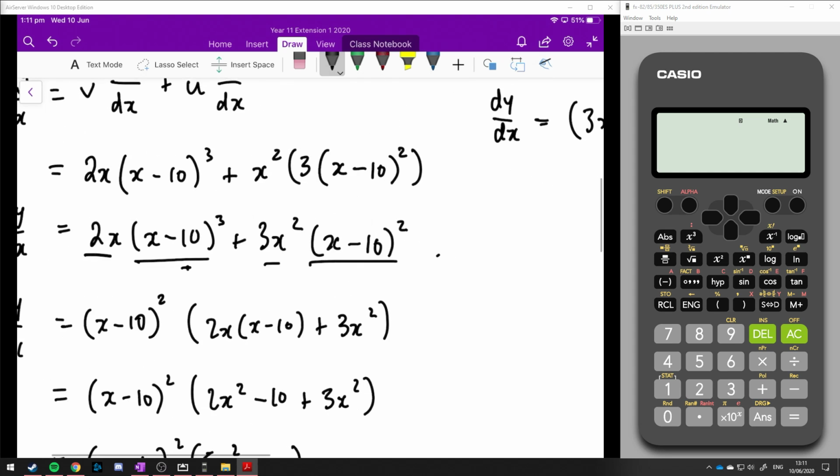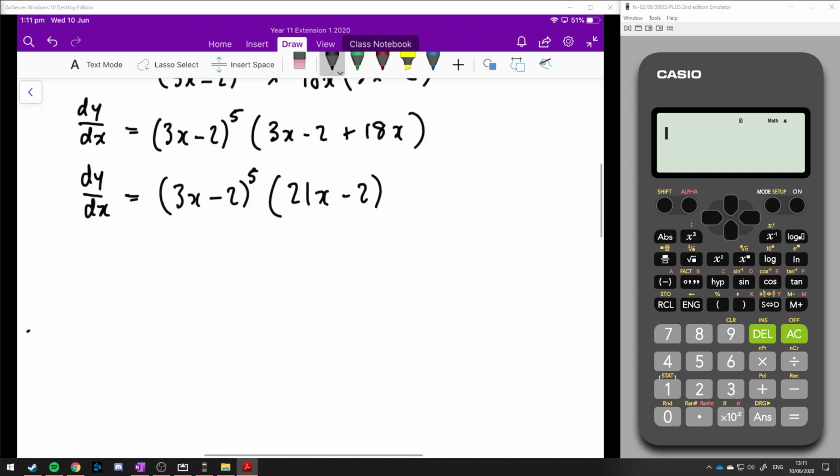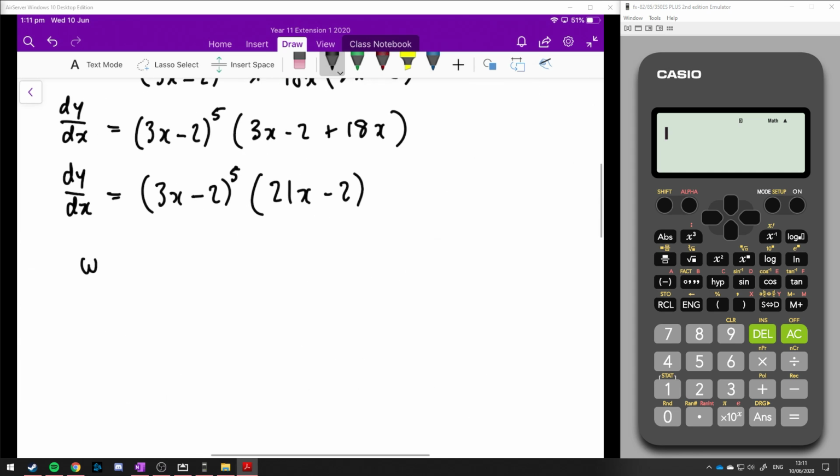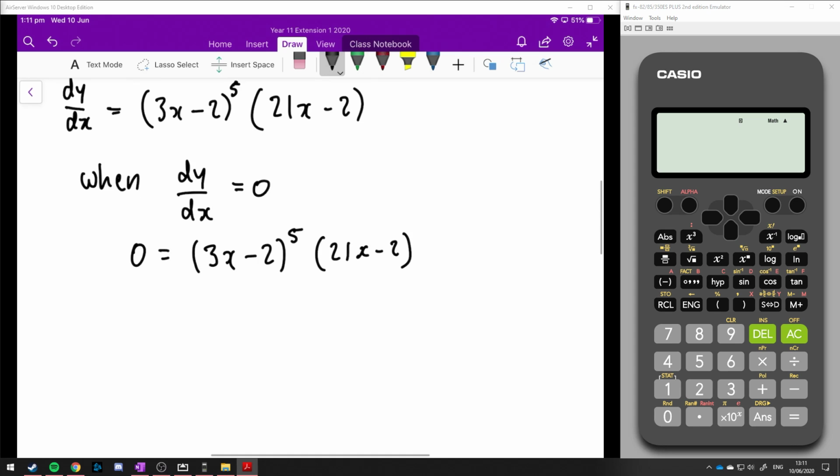Now, our next bit, just like before down here, we want to find when dy dx is equal to 0. So when dy dx is equal to 0, okay, we get 0 is equal to 3x minus 2, all to the power of 5, and 21x minus 2. So that means it's when 3x minus 2 is equal to 0, or 21x minus 2 is equal to 0.